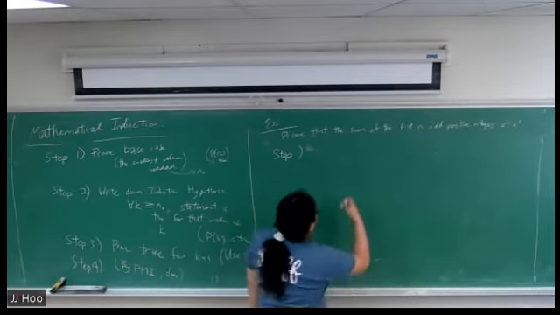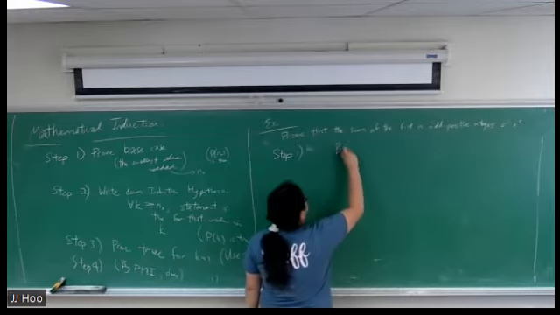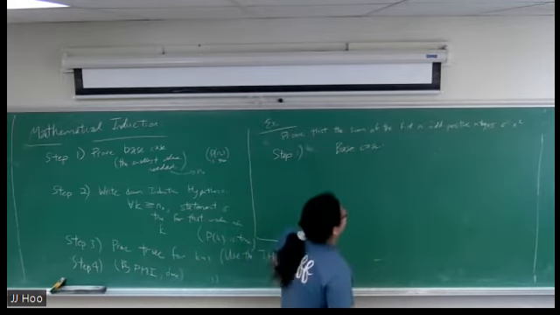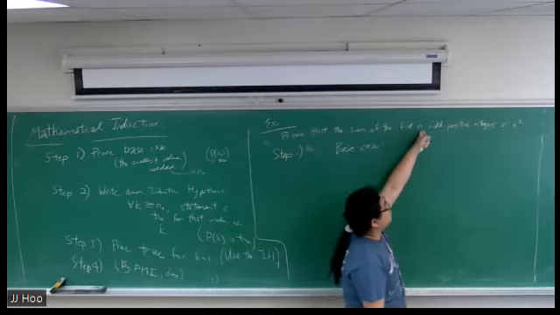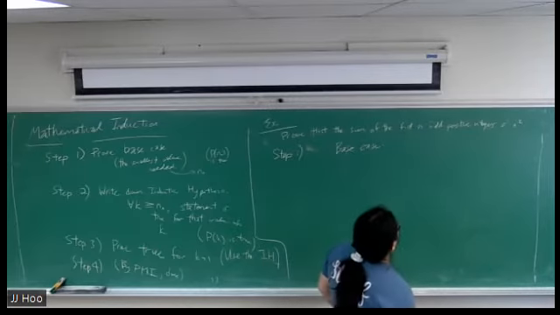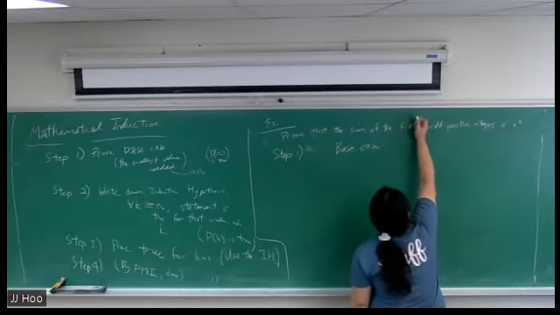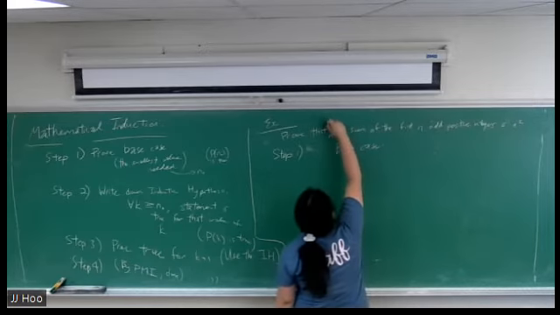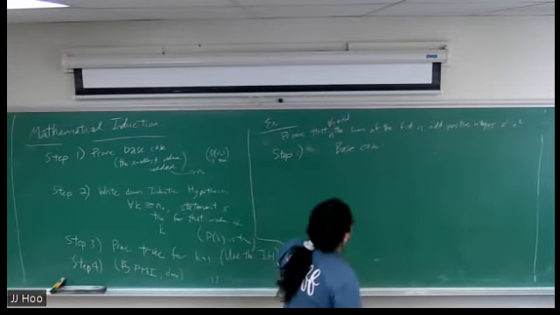But I'll say, okay, so for the base case, where do we start? Well, this is just saying the n positive integers, right? Maybe I should have probably said that. Prove that for all n, right? So what's the first natural number?